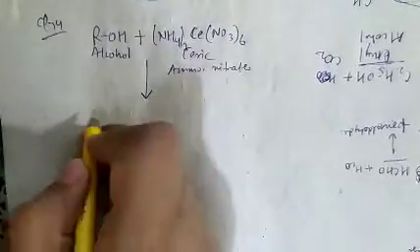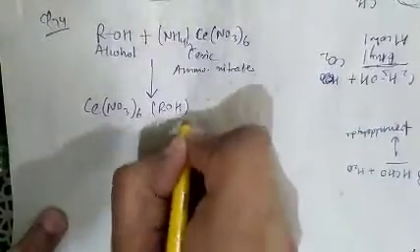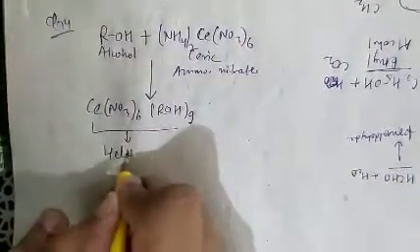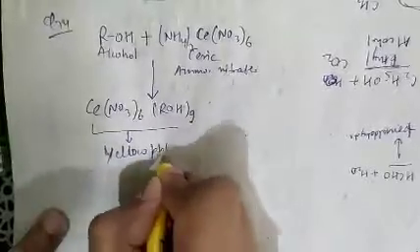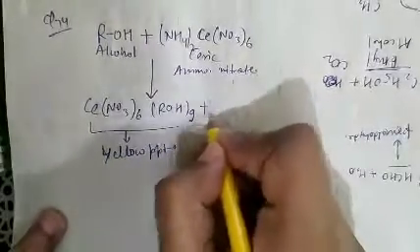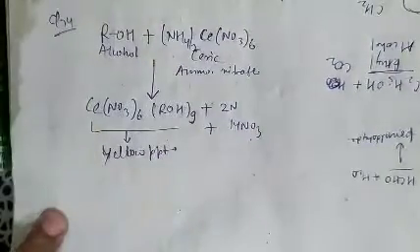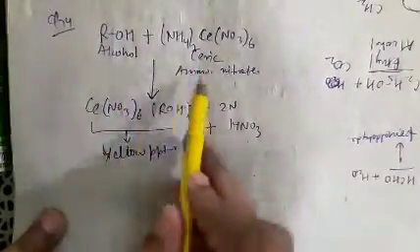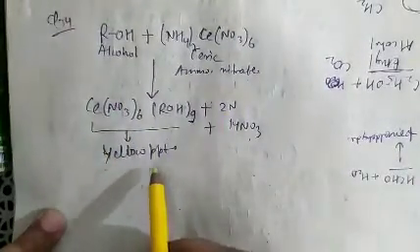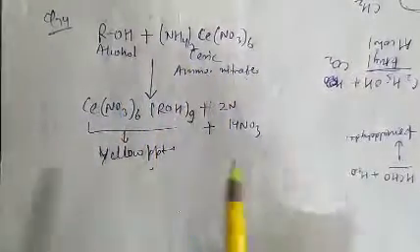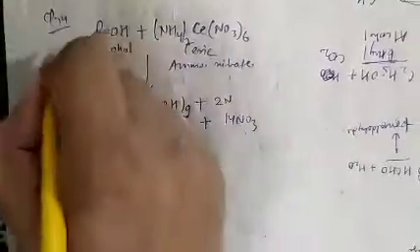When this compound reacts, it forms Ce(NO3)5(OR), and due to this compound yellow ppt is formed, plus 2 NH4NO3. So question number 74, alcohol reacts with ceric ammonium nitrate, yellow ppt is formed. No need to learn the reaction, we only need to know that this compound reacts with alcohol. So question number 74, option A is correct.